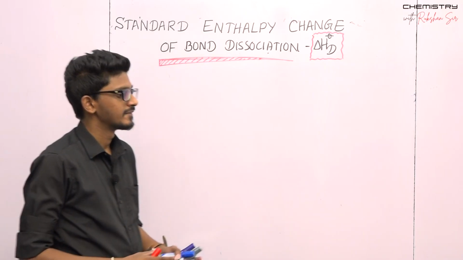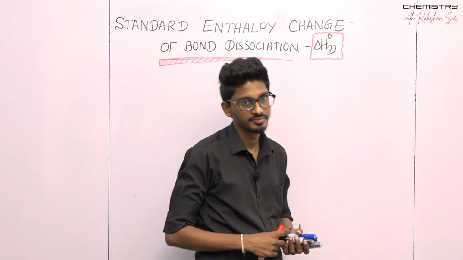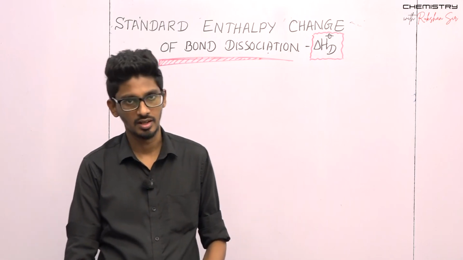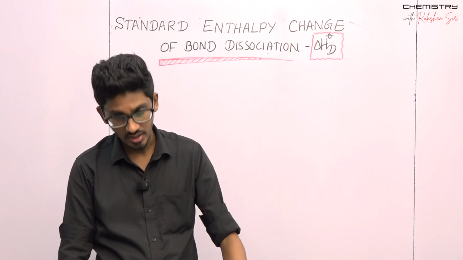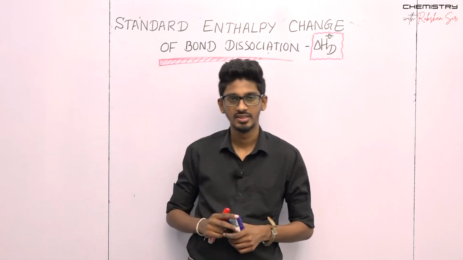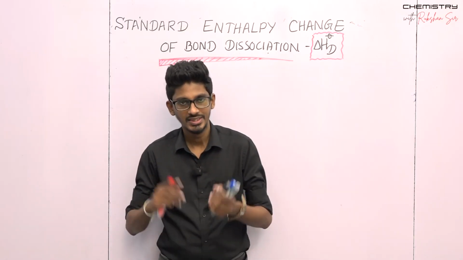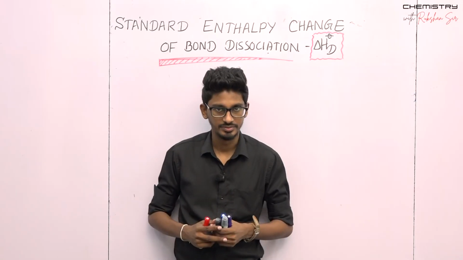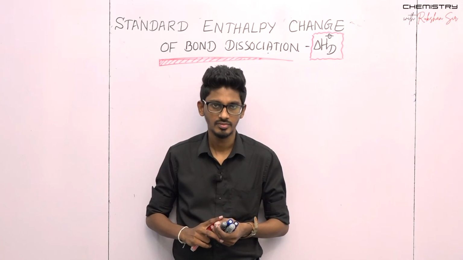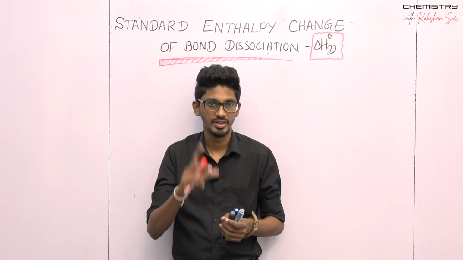Okay, the first thing to do, as usual, let's come up with the definition of the bond dissociation enthalpy. After that, we can discuss the important stuff to concentrate on. First, come up with the definition. At this space given, just write, come to red color and write.